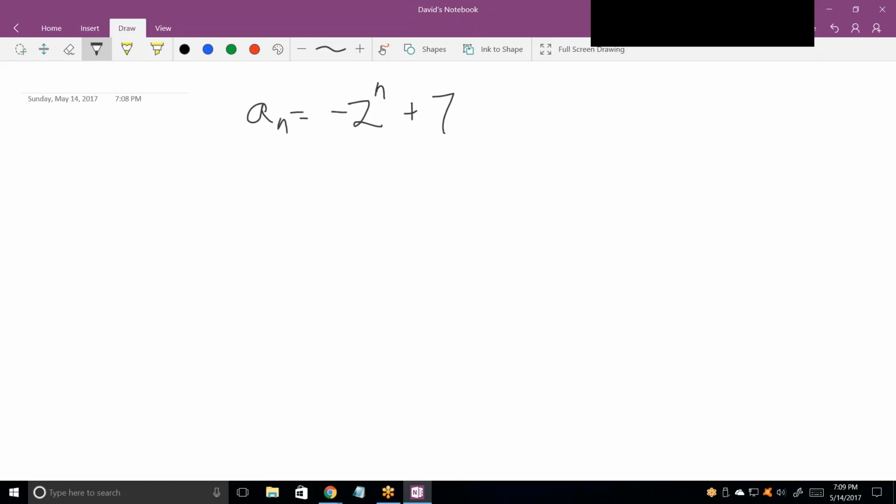And this is where n's going from 1 to 4. It says find the first 4 terms of the sequence? Yeah, find the first 4 terms of the sequence. Let's write the first term. Okay. You just plug in 1 for n, right? Uh-huh. So it'll be -2 to the first power plus 7. It just comes out to be 5.